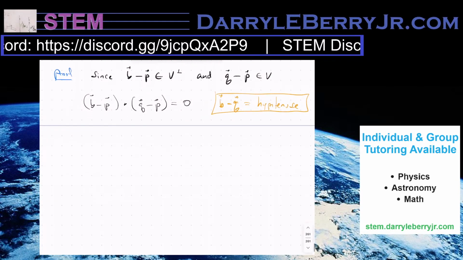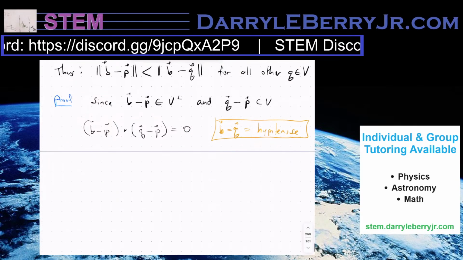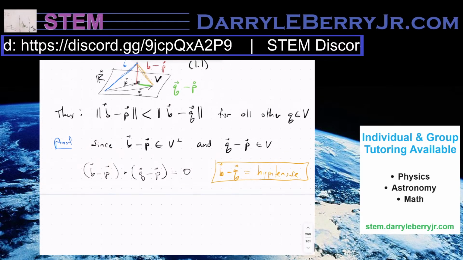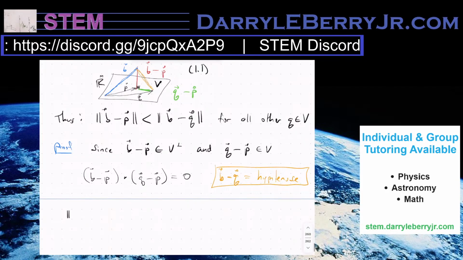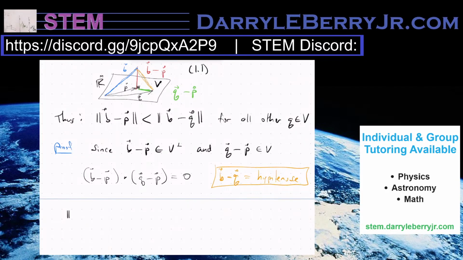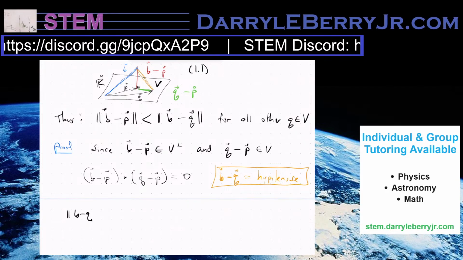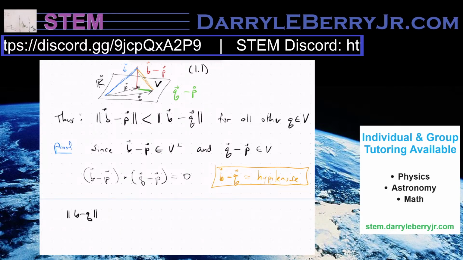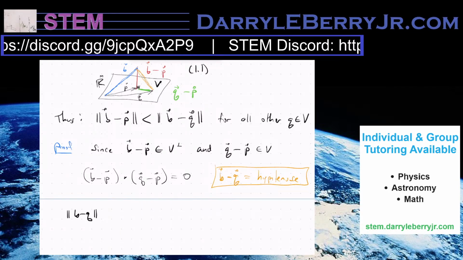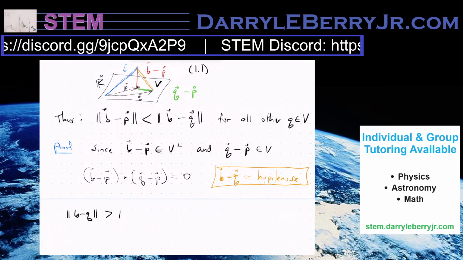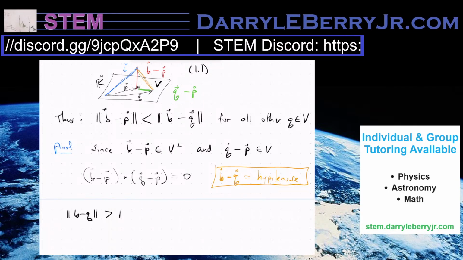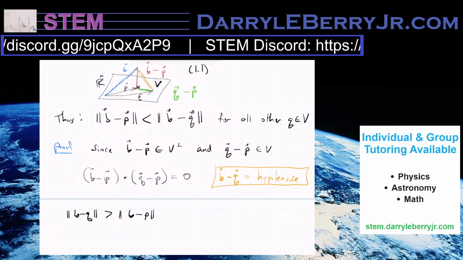Thus, by the Pythagorean theorem, the magnitude of b minus q is greater than the magnitude of b minus p, obviously.